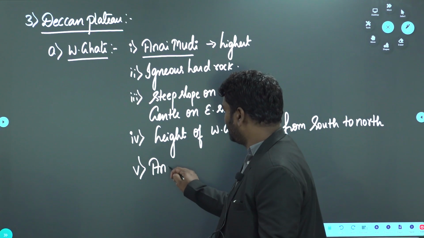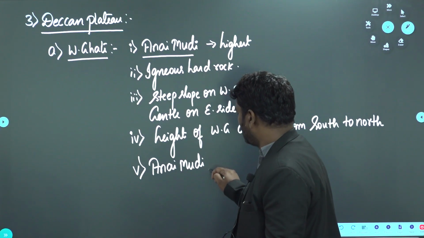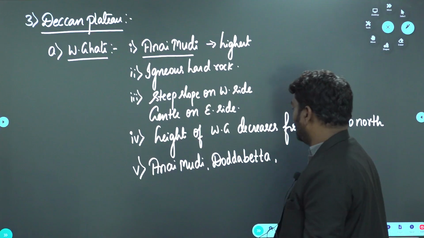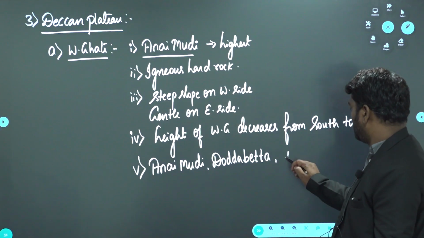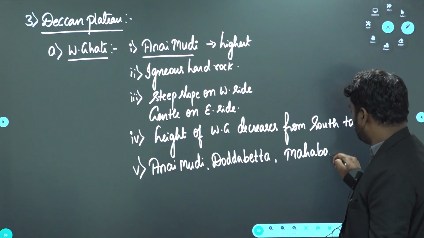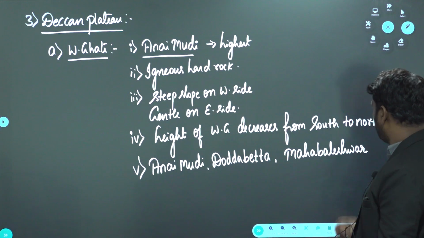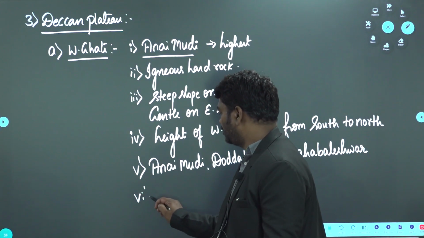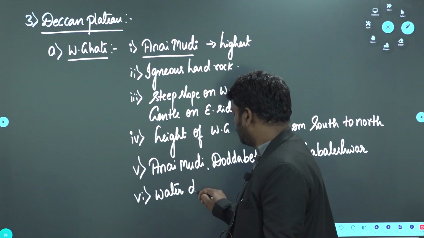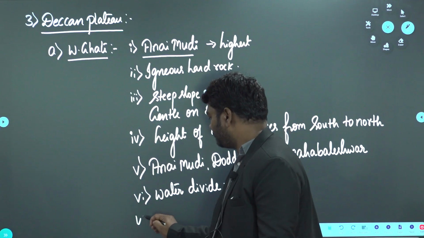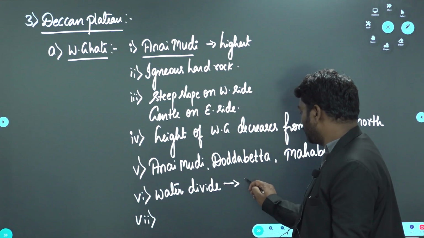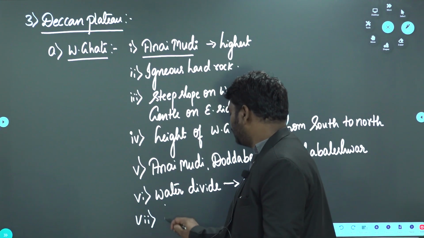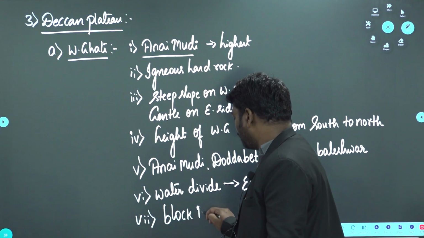Some of the important things are Anaimudi, Doddabetta, Mahabaleshwar. It acts as water divide, that is east and west flowing rivers. Most importantly, it is block mountains.